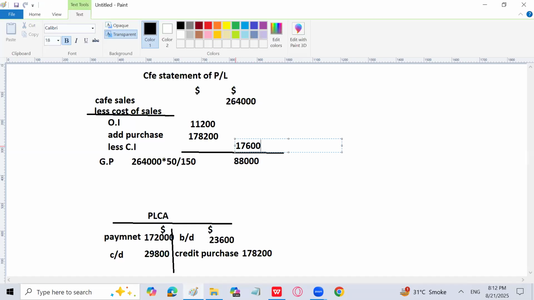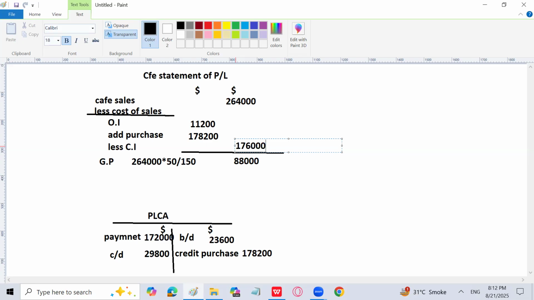Yes, I did this by going reverse. This is a missing figure. This is the difference of the two amounts, like 264,000 minus 88,000. I will get 176,000. Now I can find the closing inventory easily. 11,200 plus 178,200, right? 11,200 plus 178,200 minus 176,000.